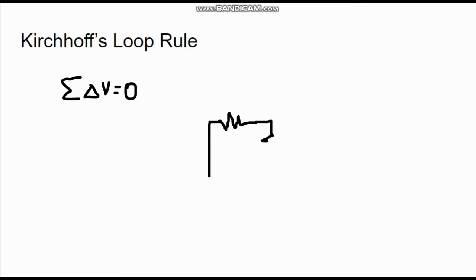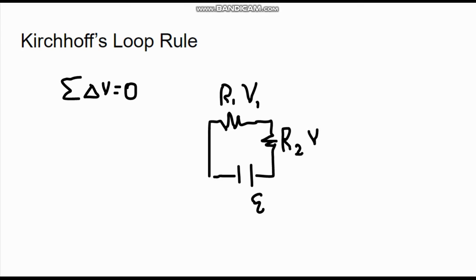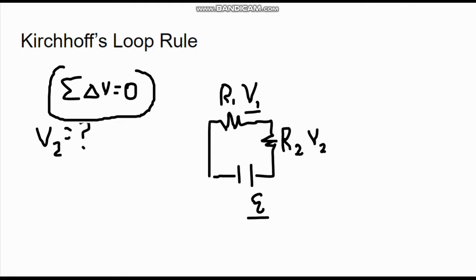So if we had a circuit here with two resistors, R1 and R2, and a battery, and the battery has a total voltage, and there is a drop of V1 over R1, and there's a voltage drop of V2 over the second resistor, and we want to find what V2 is equal to in terms of V1 and the total voltage, we can use Kirchhoff's loop rule.